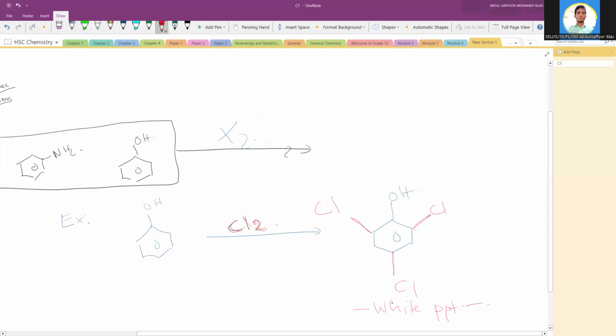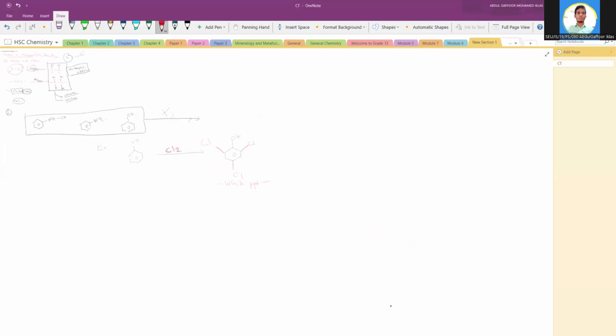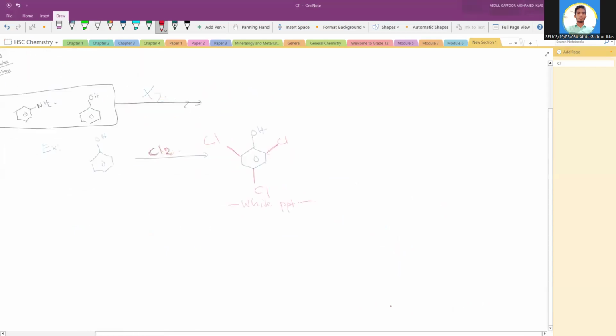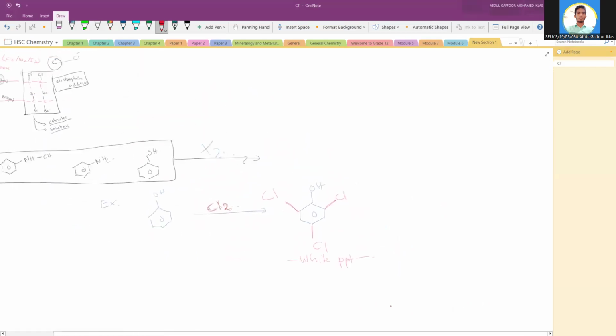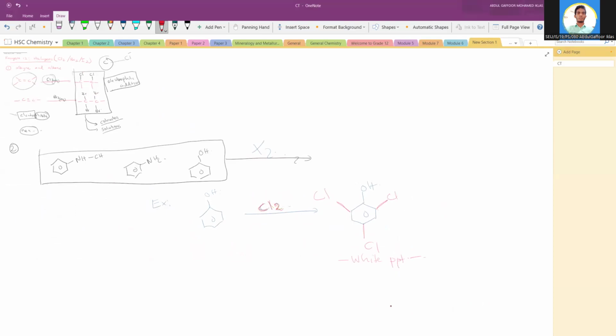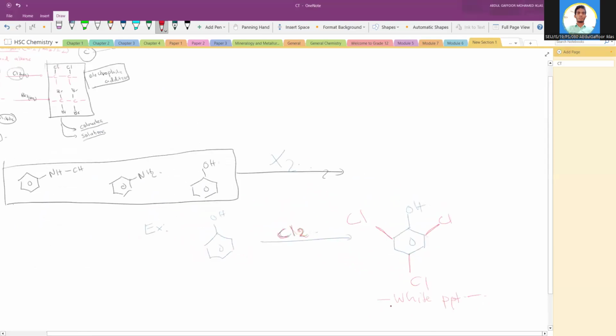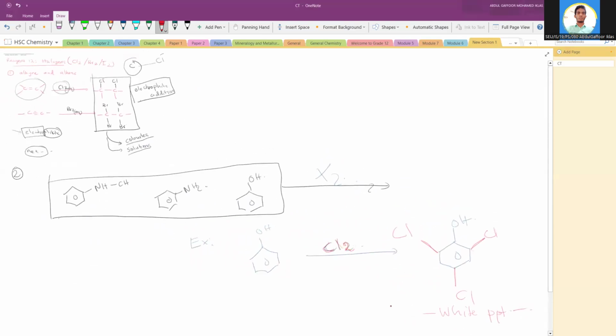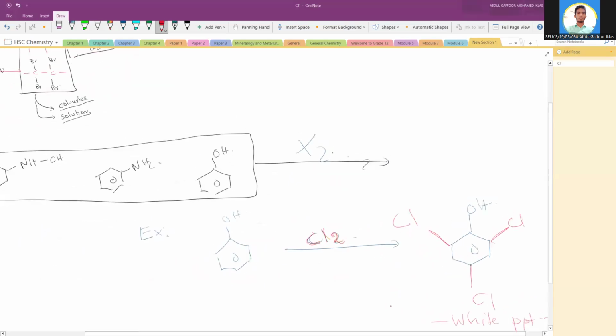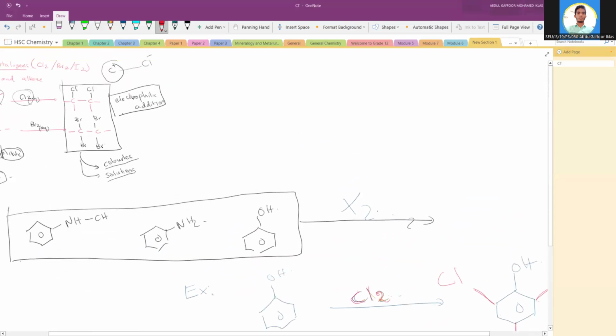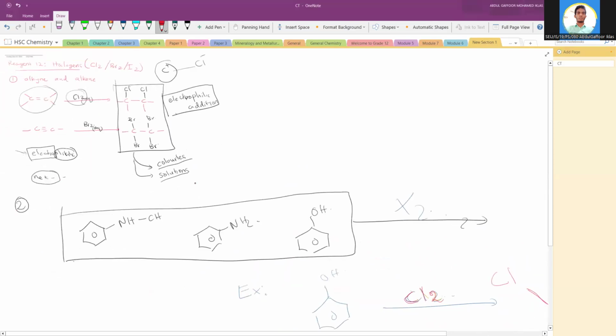What you should understand here is, if you have to react organic compounds with halogens, there might be 2 types of reactions. The first type is with alkenes and alkynes. The pi bond will break and the halogens will be added.